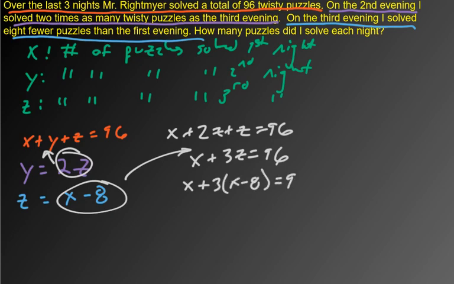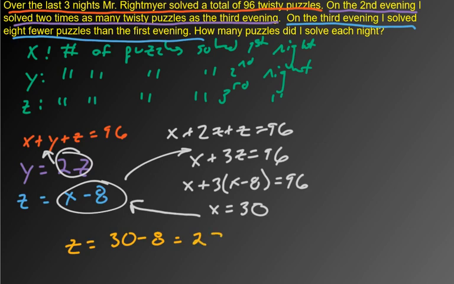So if you plug that in, distribute, and solve, you're going to get 30 for x. And then what I would probably do is take this and plug it in right here. So then z is going to equal 30 minus 8, which is 22.